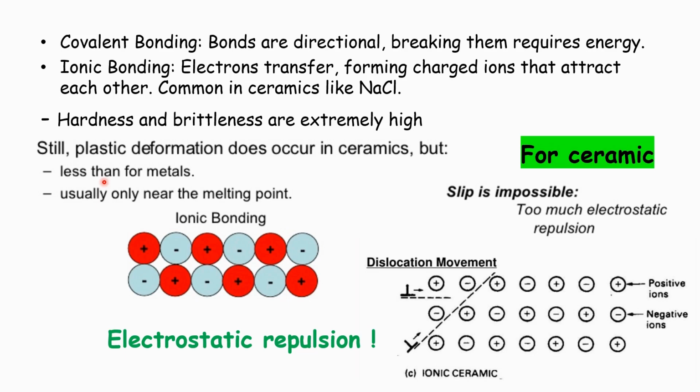We can say that dislocation in ceramic is quite rare, or virtually non-existent, and it is difficult to move atoms due to the bond nature. As we can see here, if we move the positive ion near another positive ion, it will generate electrostatic repulsion, making dislocation nearly impossible.